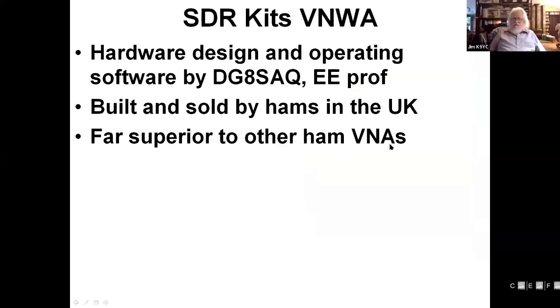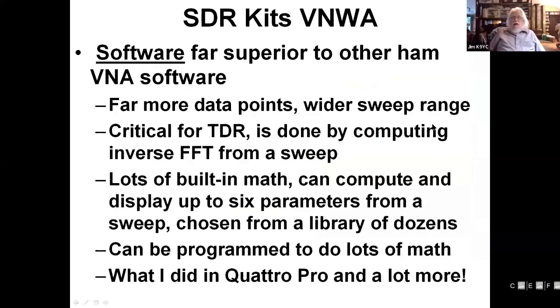This VNA is far superior to other ham VNAs. Nothing else is close. And the software is far superior, written by DG8SAQ. You buy the analyzer hardware, and the software is free and very well supported.